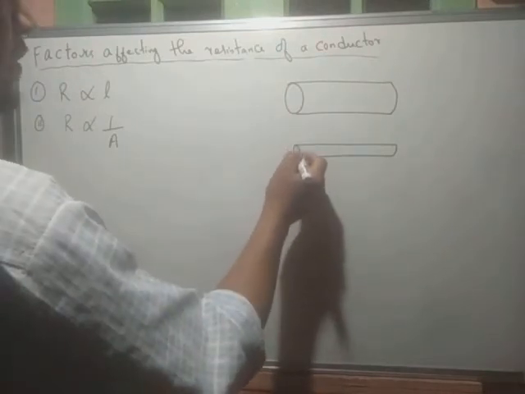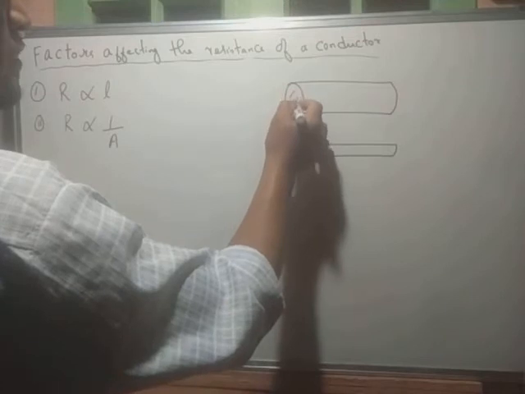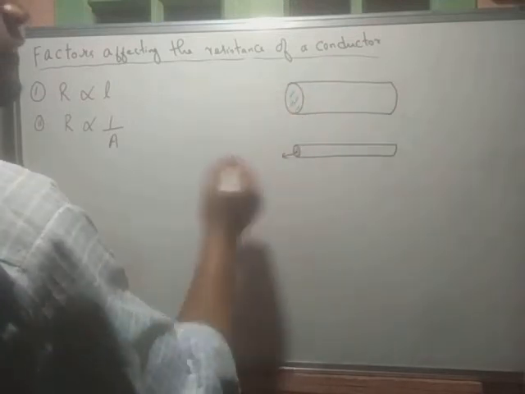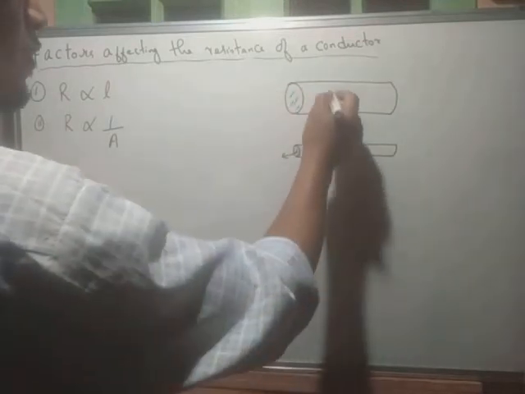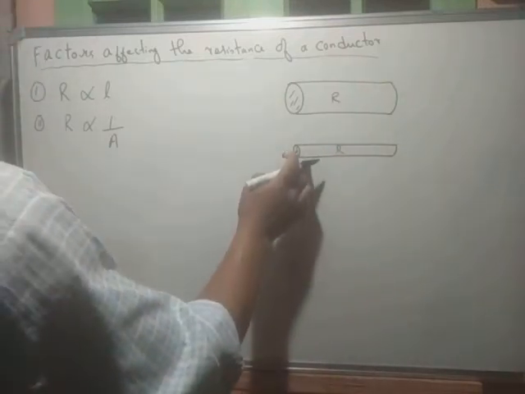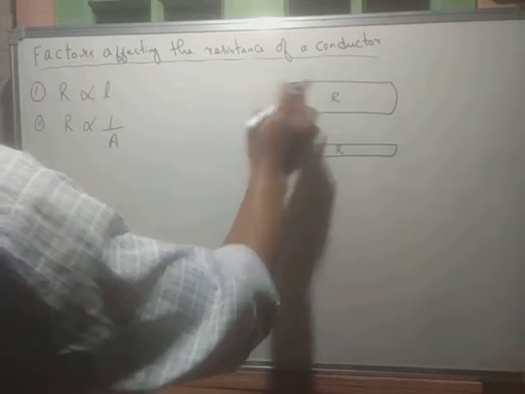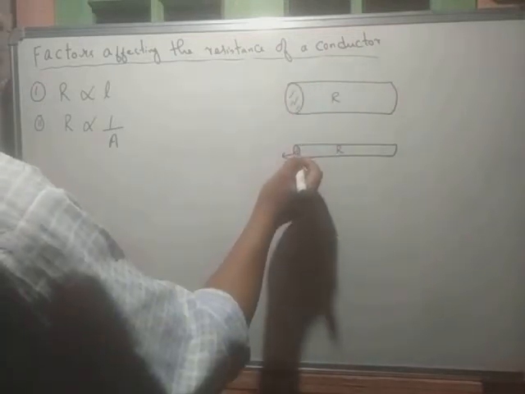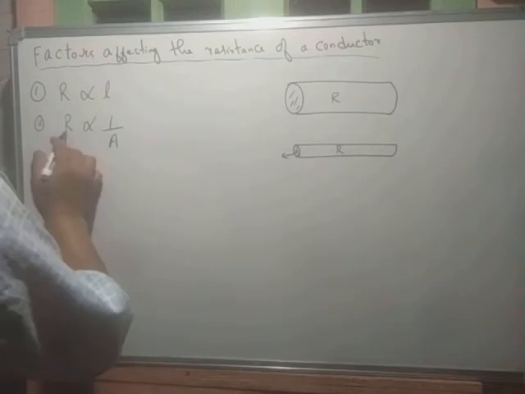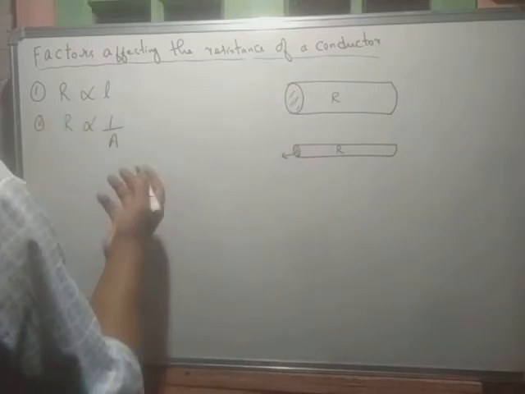So it is clearly seen here that this area of cross section is smaller than this area. Therefore the resistance of this conductor will be more than the resistance of this conductor, because the area is small. So when the area is small, resistance is large, and when the area is large, resistance is small.